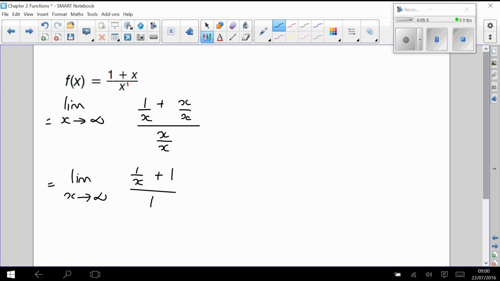Take a look at that value of 1 over x. Did you remember that I said to you that the x values that we're looking at are the huge x values as they get towards infinity? Now, if I have 1 over x and I take a look at that little fraction, if I have, say, 1 over 2, that's quite small.